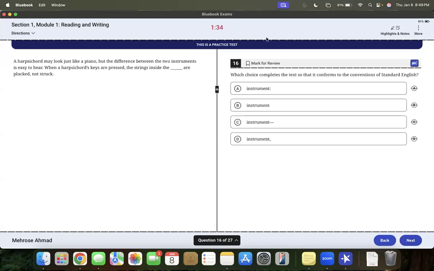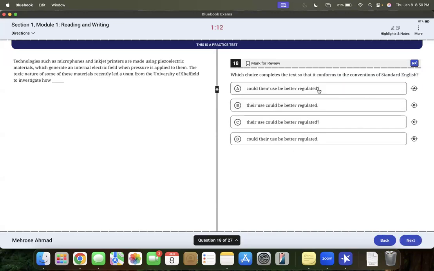Now we're starting to go to the writing section. So these are grammar conventions, understanding when to use a colon versus the em dash versus the comma, or no comma. And then the questions are going to continue to be in that format. Create versus are creating versus have created versus creates, different verb forms. Again, a question mark versus a period.